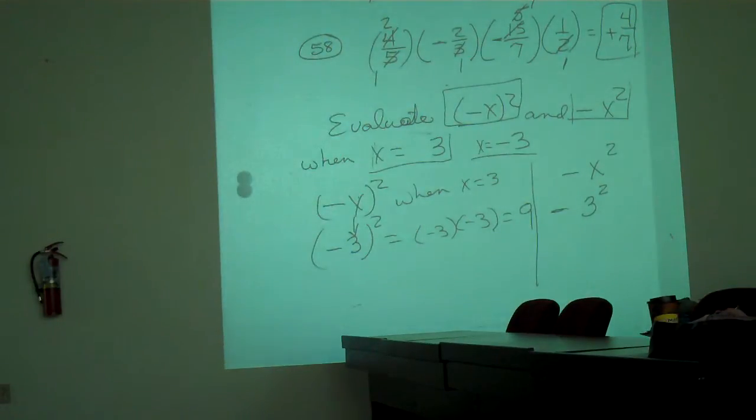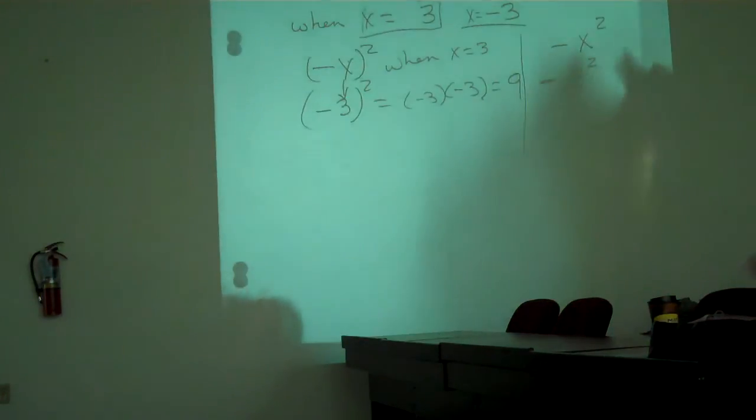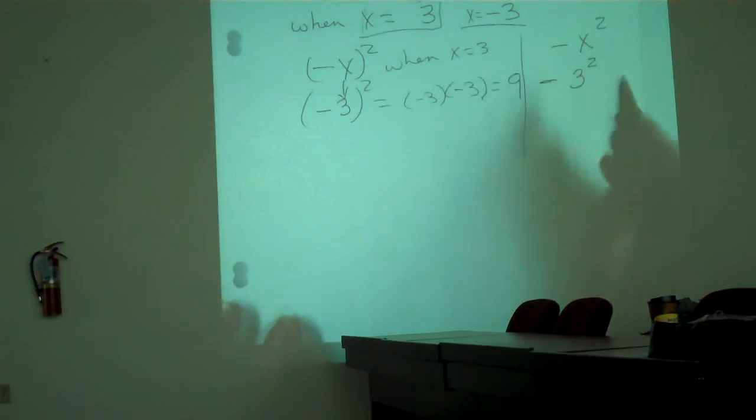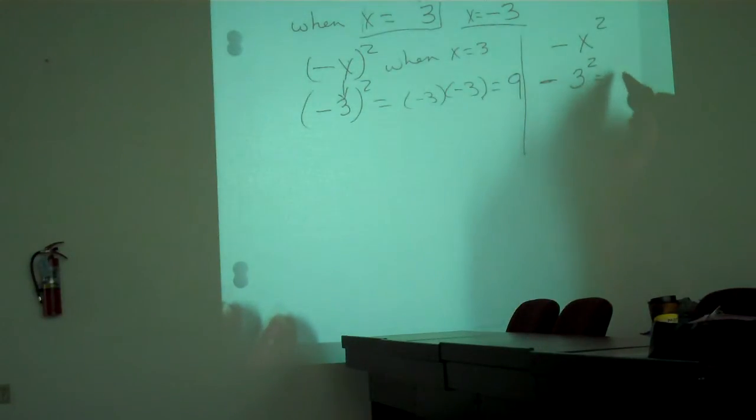Now what is different about that? Can you see what might be different? That answer would be negative 9 because there's no parentheses around the negative part. So the only part that's squared is the 3.